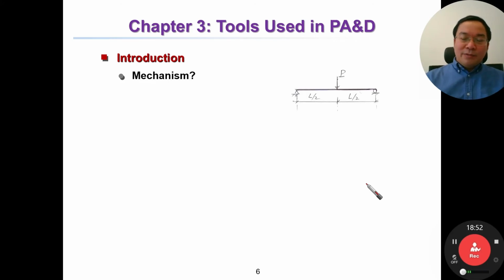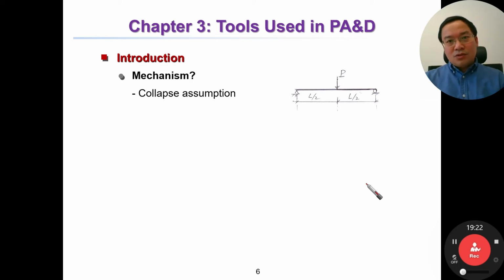For example, if we have a simple beam under a concentrated load at the middle, can you determine the failure shape of this structure? The collapse assumption.